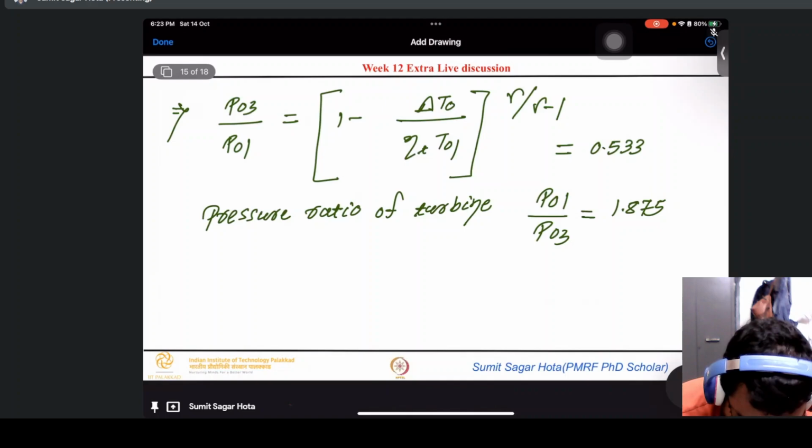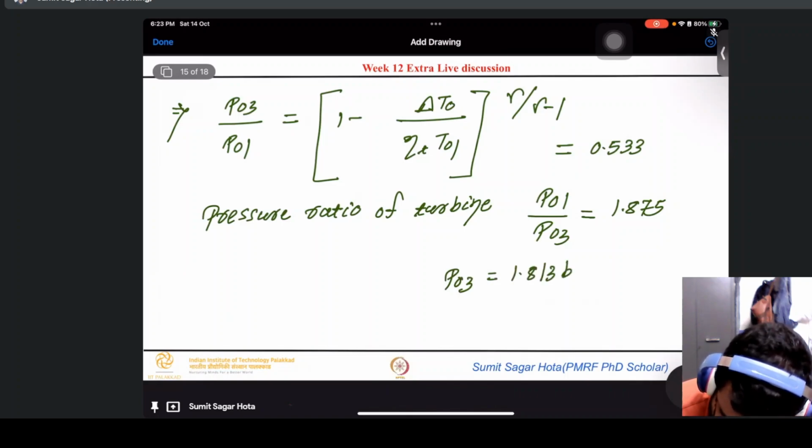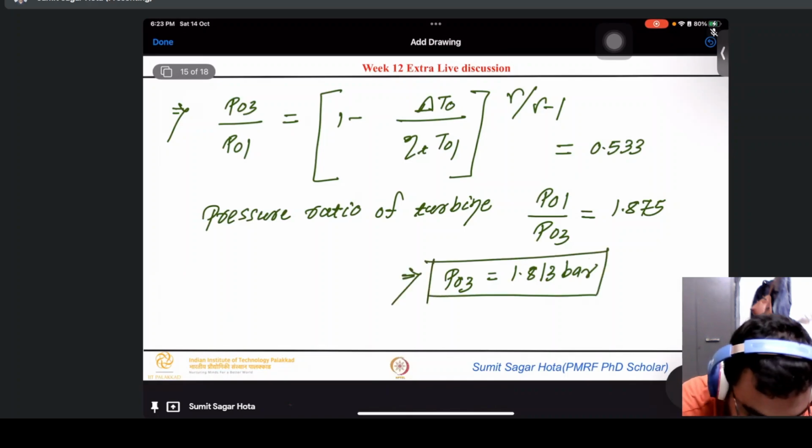Now what is P3? Because you know P1. So what is P3? P3 is equal to 1.813 bar. Okay. The pressure ratio of the stage is your what?